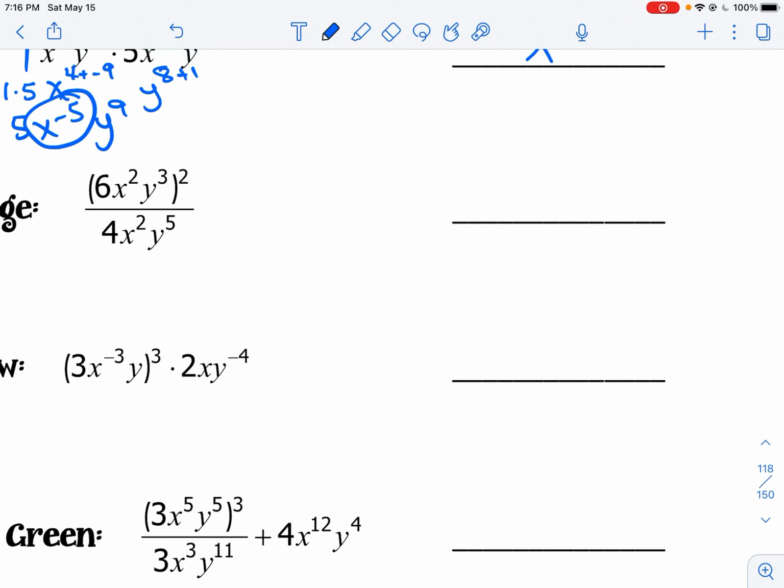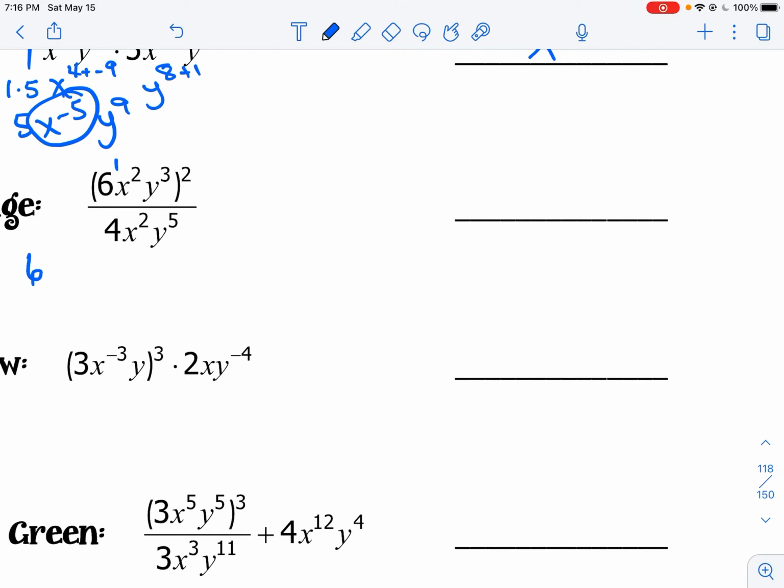So then I look at this next one. Again, remember, this has an invisible 1 here. So I take 6, and that's 1 times 2. X is 2 times 2. Y to the 3 times 2.